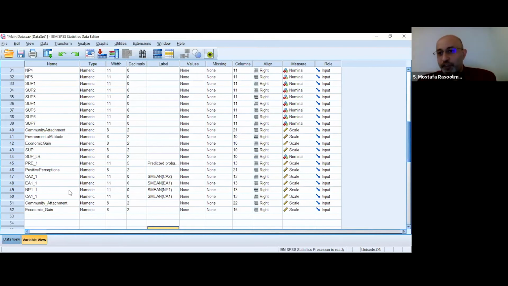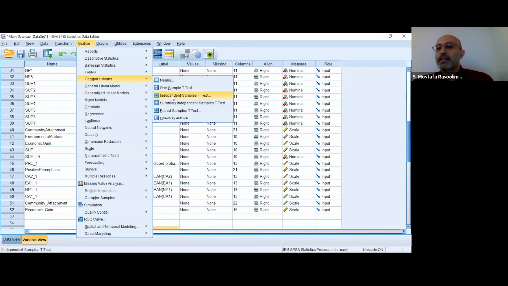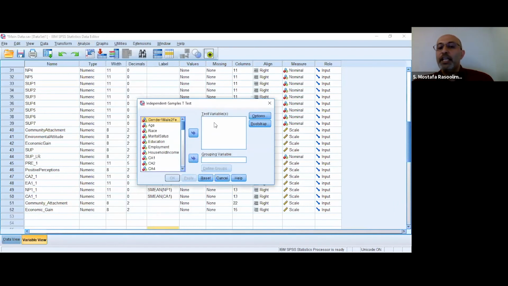So we have two different groups. Again, to analyze, compare, but here independent sample t-test. So click on independent sample. Here we have two boxes. One is for our variable. Our variable is community attachment, so transfer community attachment.